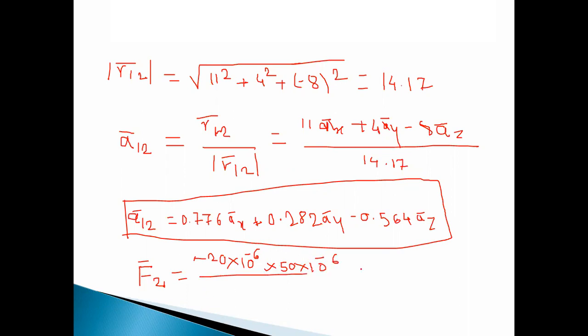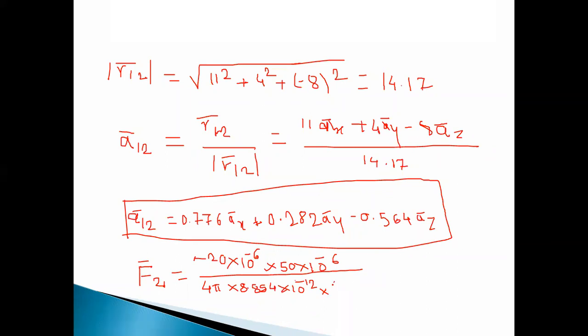divided by 4 pi epsilon 0. What is epsilon 0? 8.854 into 10 raised to minus 12. Correct. So 4 pi epsilon 0 into R12 square.